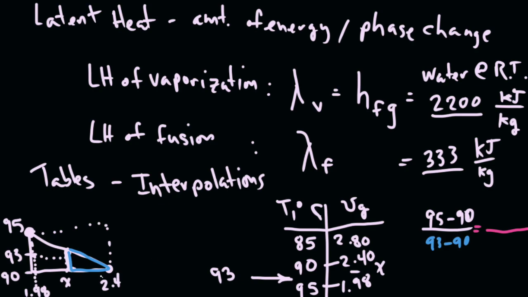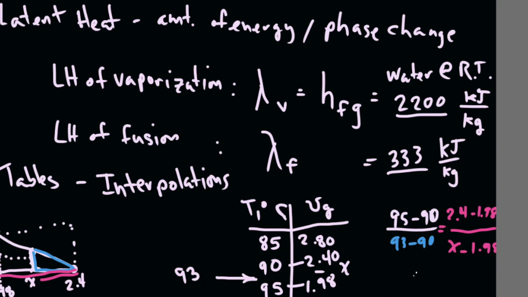the ratio of the bases. The base of the large triangle is 2.4 minus 1.98, and the base of the small triangle is 2.4 minus x.